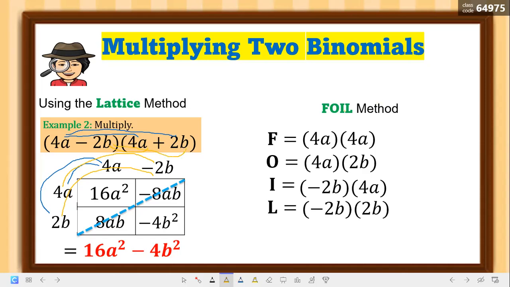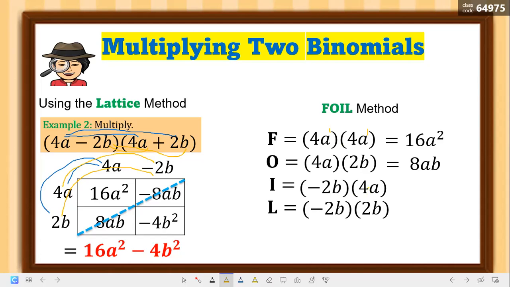Then let's simplify. Everybody, what is 4a times 4a? Merong 1. 16. Okay, very good. 16a squared. Remember, may exponent, kaya nagkaroon ng 2 dito. Product rule yon. What is 4a times 2b? 8ab. Yes. What is negative 2b times 4a?